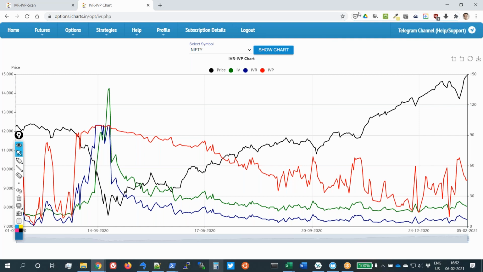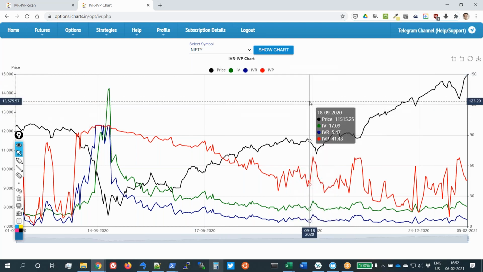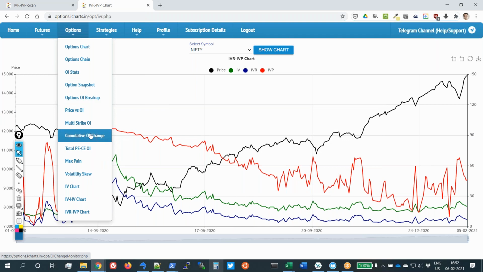Yeah, for a naked buyer, price versus OI is one tool for actual entries, along with cumulative OI. Cumulative OI is what you should have open in the morning from the start, because that is where your trend is going to be decided. So you use cumulative OI change and price versus OI together.